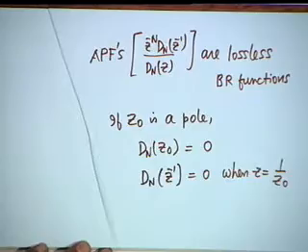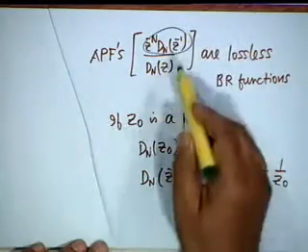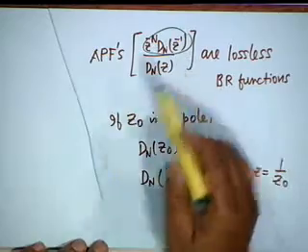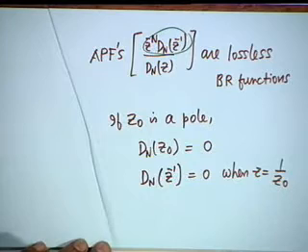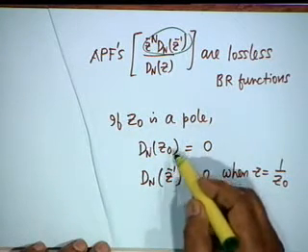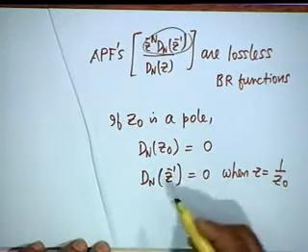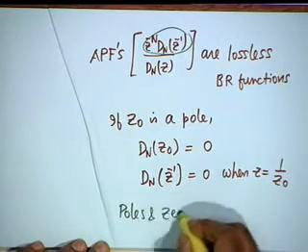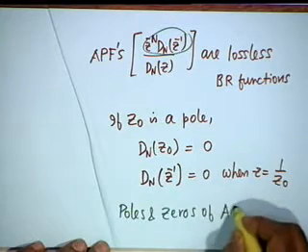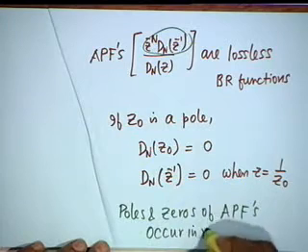Agreed? Now, what is the denominator? Denominator is z^-N D_N(z^-1). So, the zeros of the function shall be those values of z at which D_N(z^-1) is equal to 0. In other words, the poles and zeros of all pass functions occur in reciprocal pairs. Poles and zeros of APFs occur in reciprocal pairs.